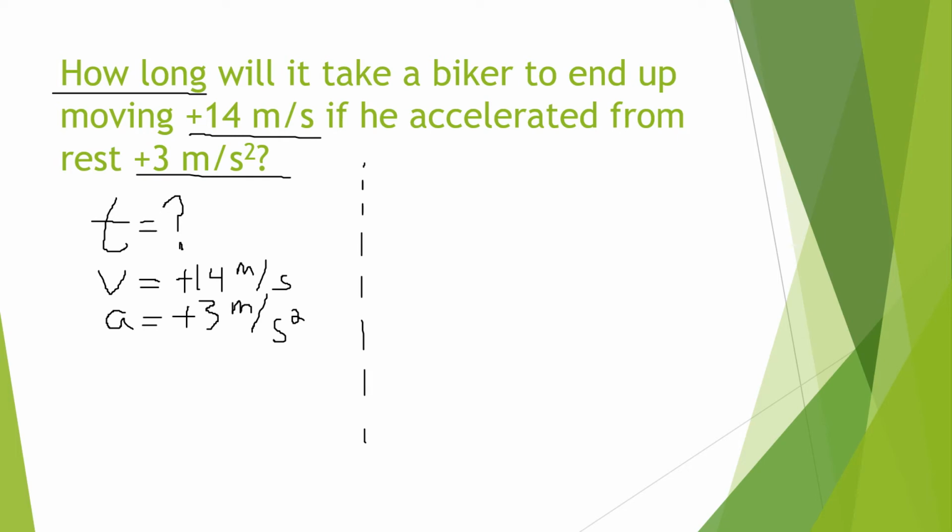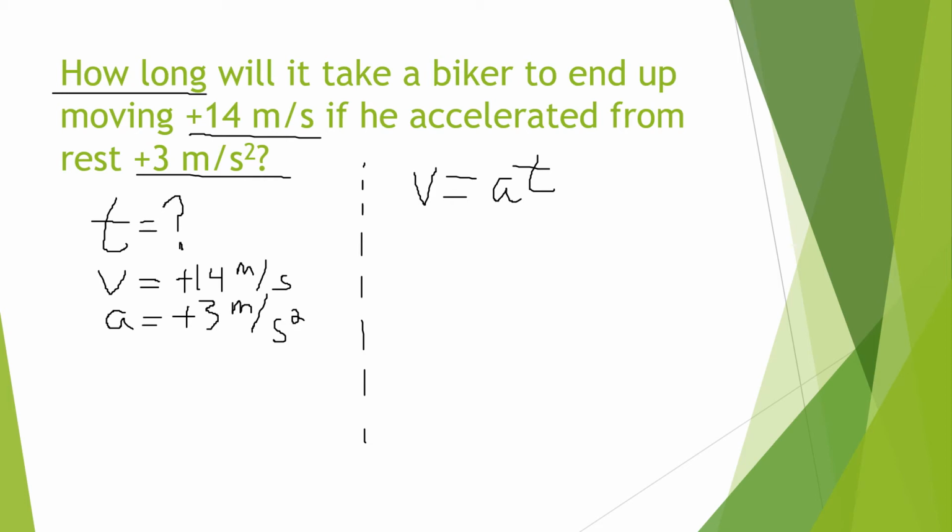So how am I supposed to know what equation to use? I have a t, I have a v, I have an a. The equation that I have to use has to have all 3 of these symbols. There is only one equation that has all 3 of those symbols, and it's this one. v equals at.